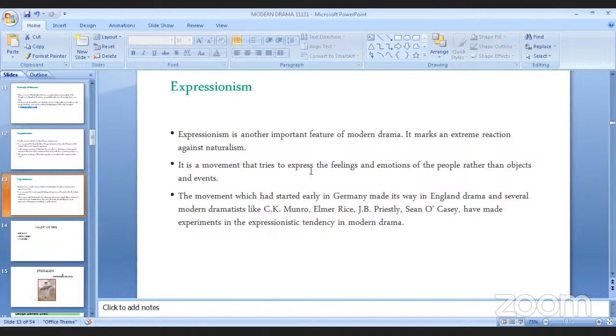The movement, which had started early in Germany, made its way into English drama, and several modern dramatists like C.K. Munro, Elmer Rice, J.B. Priestley, and C.N. O'Keze have made experiments in the expressionistic tendency in modern drama.